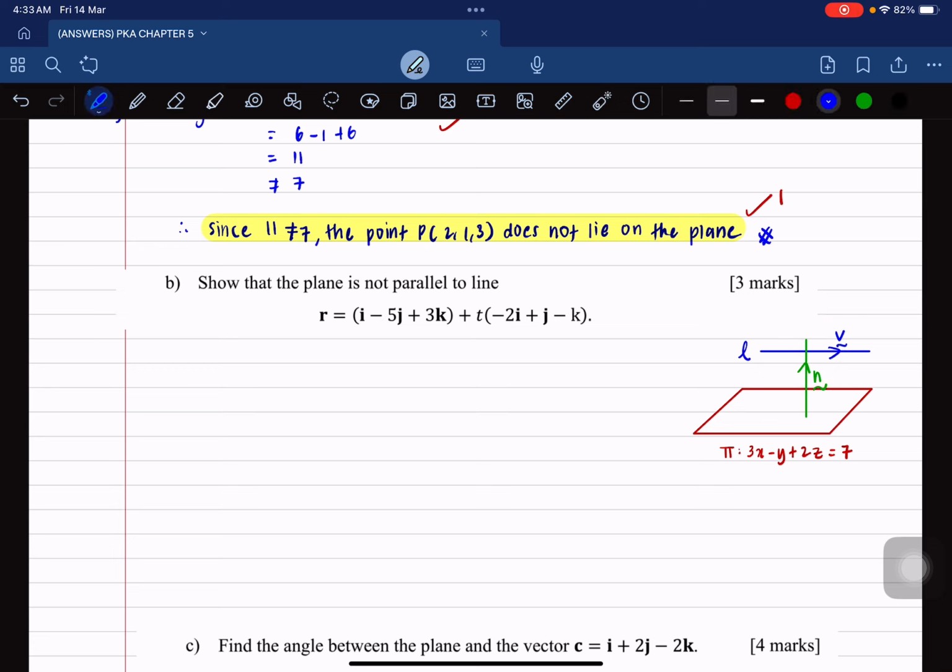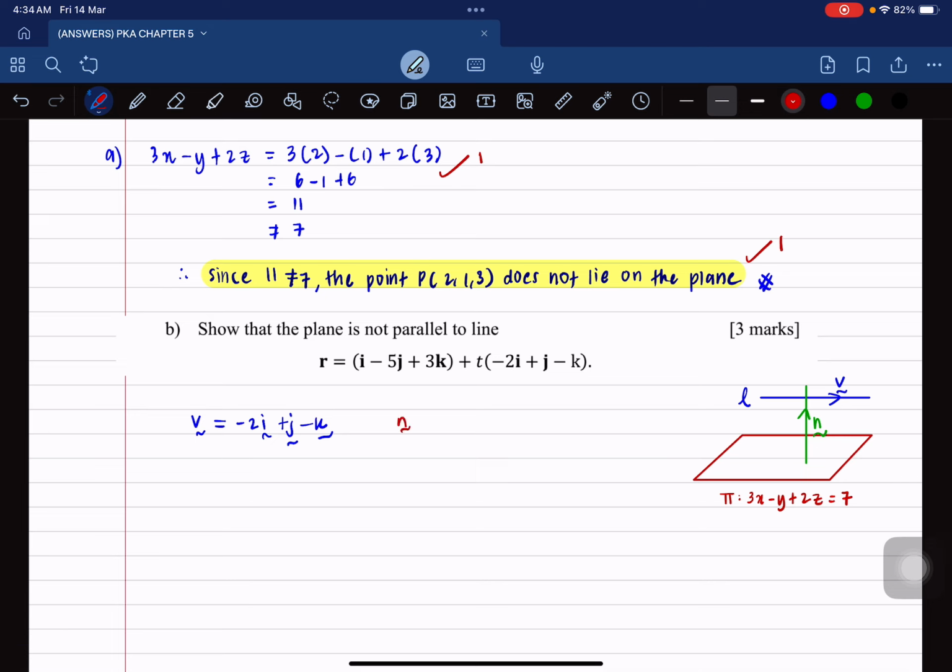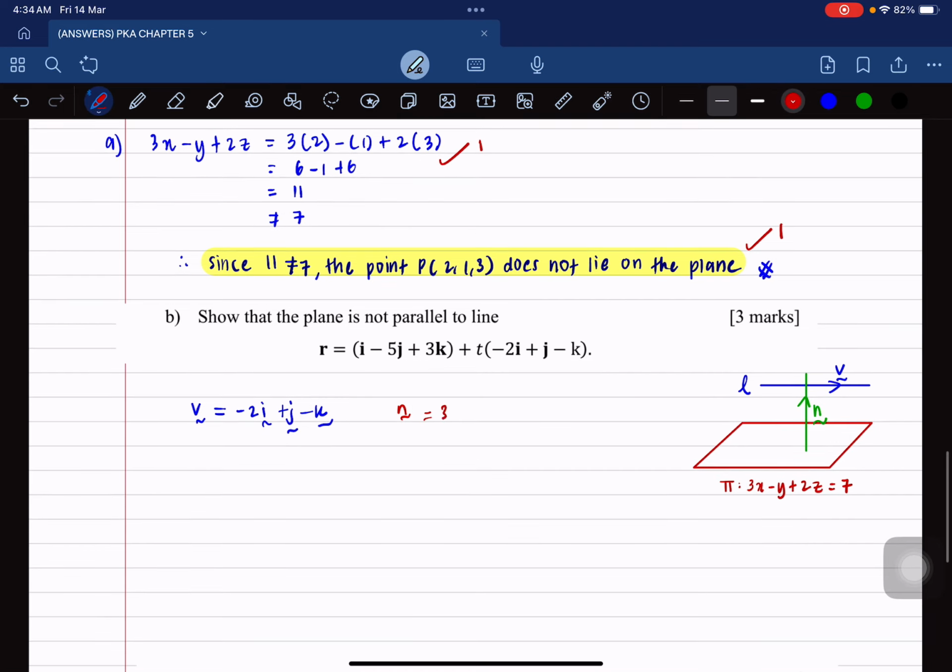For the direction vector v, we're gonna get it from here because we have r equal to a plus t v. So this is our v, negative 2i plus j minus k. And for our n, we're gonna read it from here, which is 3, negative 1, 2, so equal to 3i minus j plus 2k.